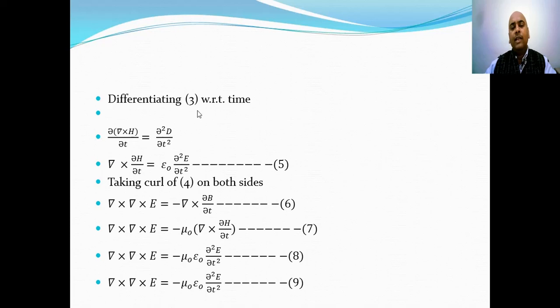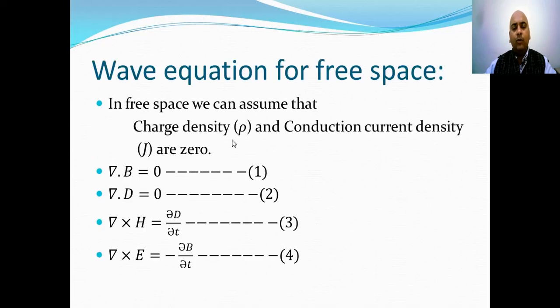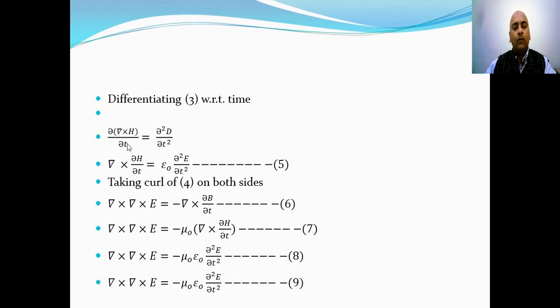Now differentiating equation 3 with respect to time on both sides, we have ∂/∂t of curl of H is equal to ∂/∂t of ∂D/∂t. Here del is a space operator, it cannot change with time.